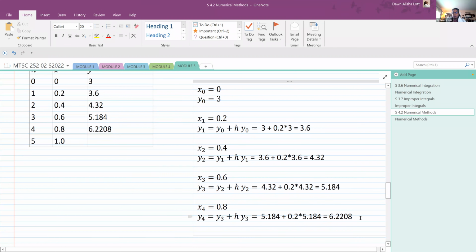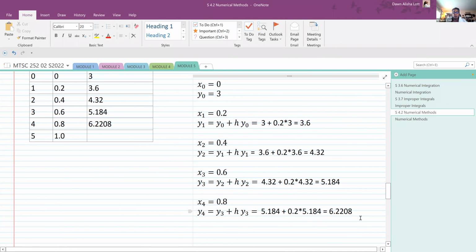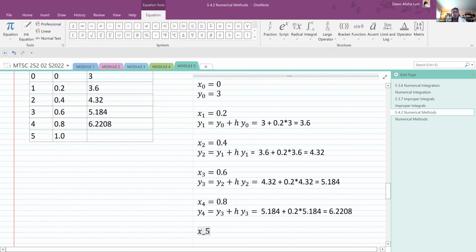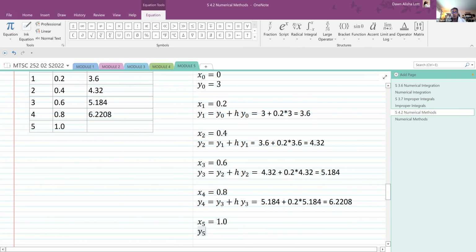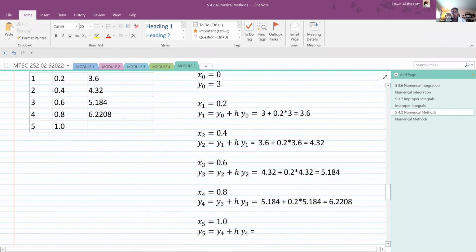And then the last one, x5, which is finally 1. And then y5 is going to be y4 plus h times y4. And that's 6.2208 plus h, 0.2 times 6.2208.